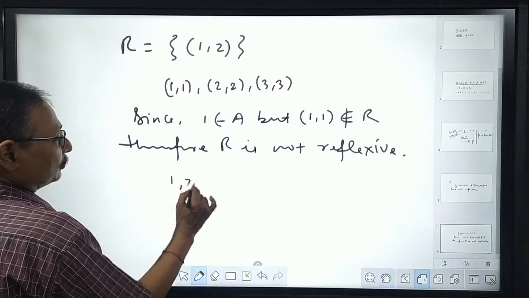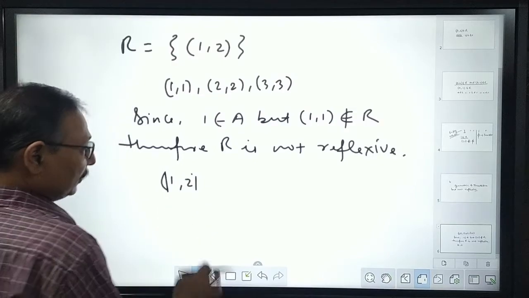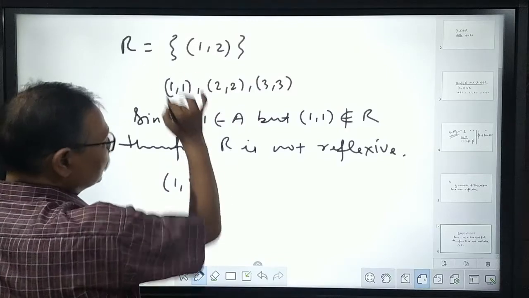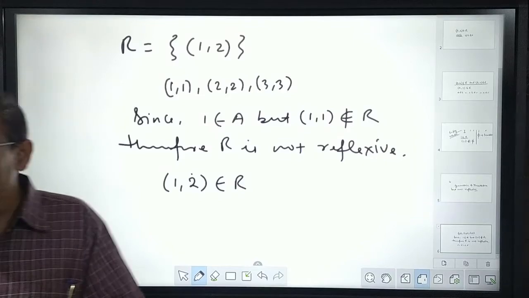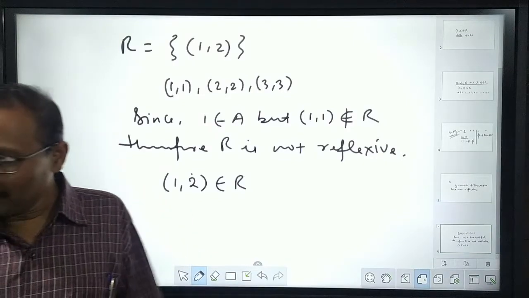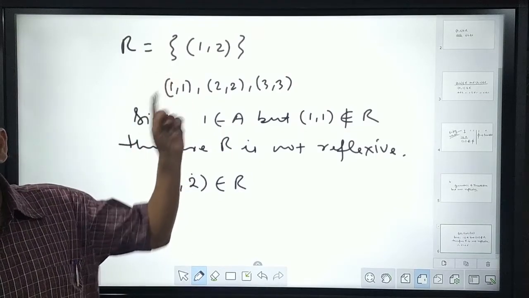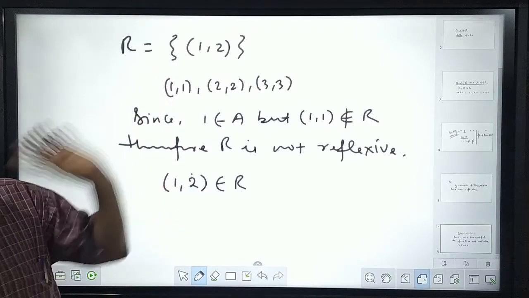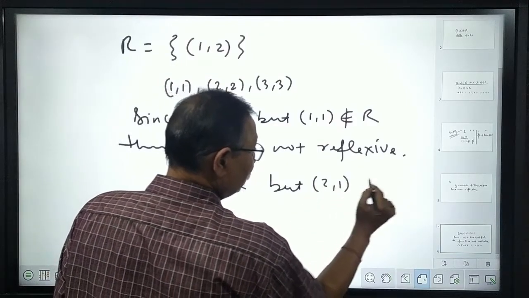So 1 comma 2 is clearly inside the relation. So 1 comma 2 is a member of this relation, and now we are supposed to show that 2 comma 1 is also a member of this, but we are unable to show it because this is containing only one element. So 2 comma 1 is not present in R.